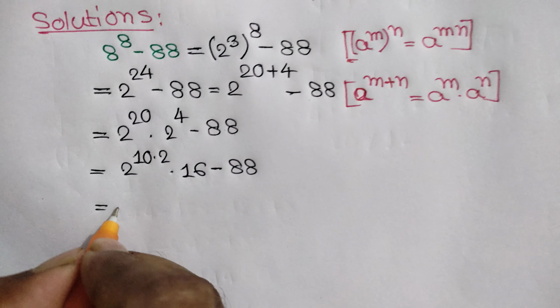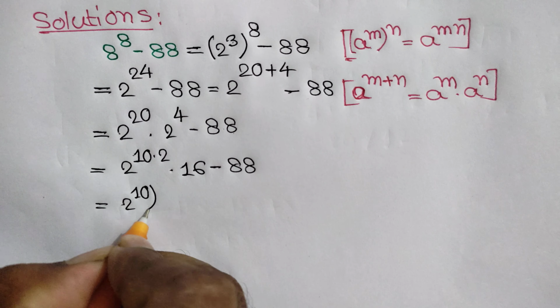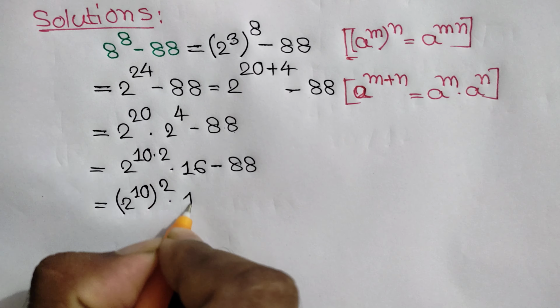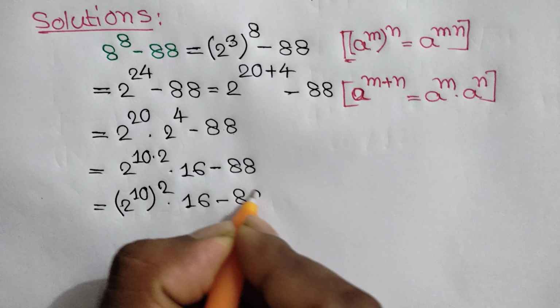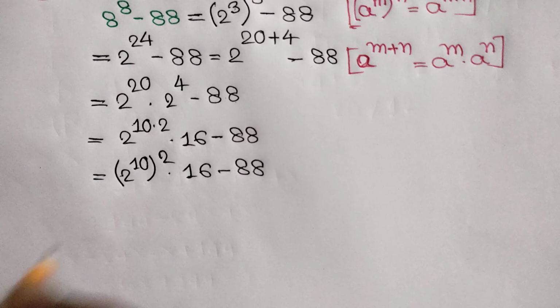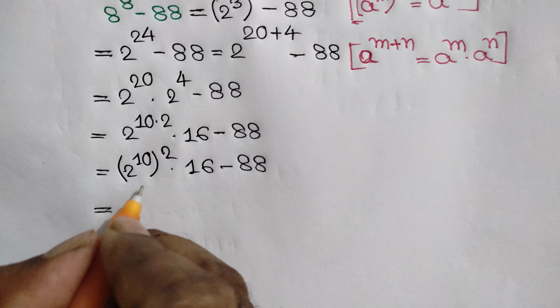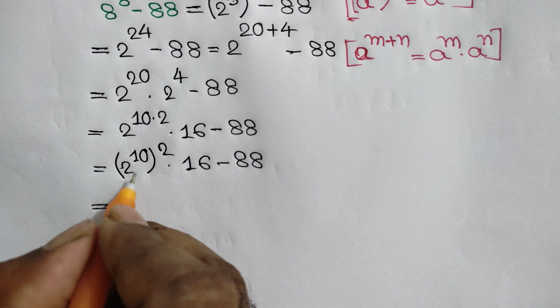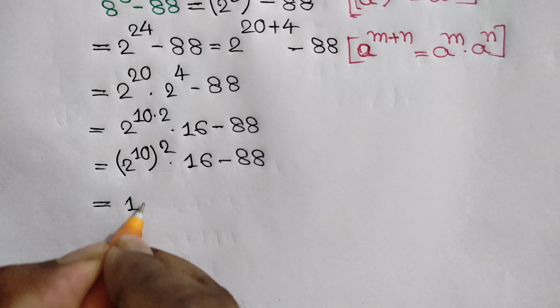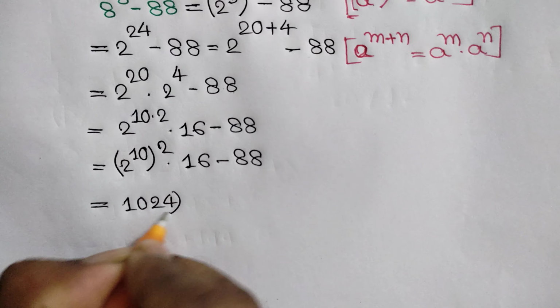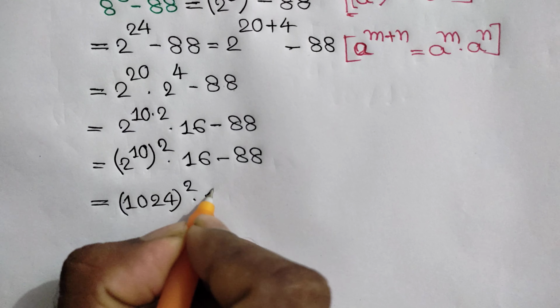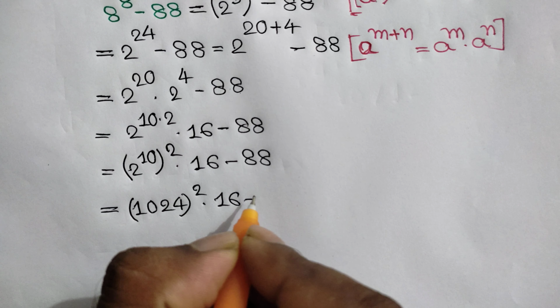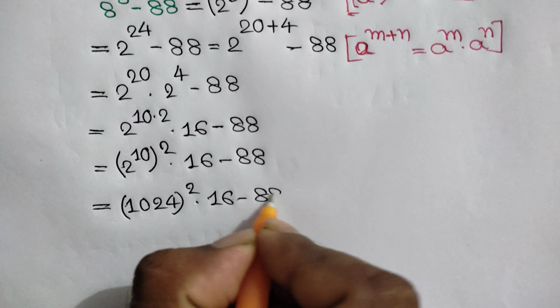Now apply this formula. We can write (2 to the power 10) squared times 16 minus 88. Now we know that 2 to the power 10 is equal to 1024, squared, times 16 minus 88.